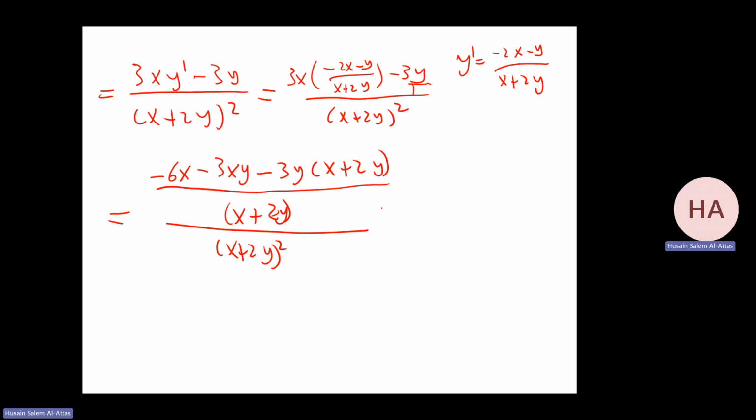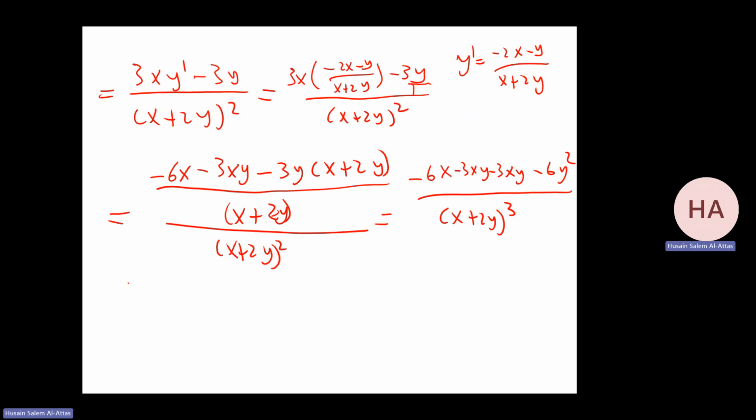So I'm getting what here? Getting minus 6x, minus 3xy, minus 3xy, minus 6y squared, over x plus 2y all cubed.